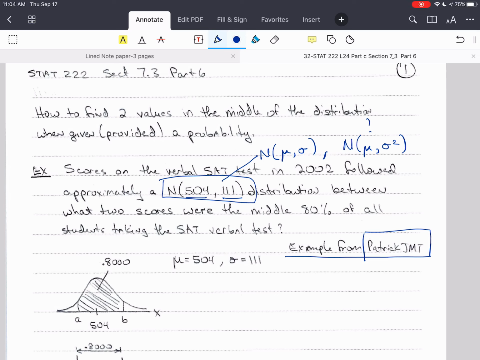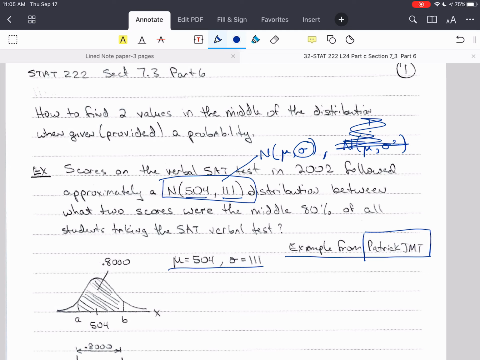That's why I've been very careful to say, well, I didn't in this one, but I'm going to be very specific that this is sigma that we're using here. I'm not sure which the book does, but in these videos by Patrick JMT, they were this way, so I have written that out.